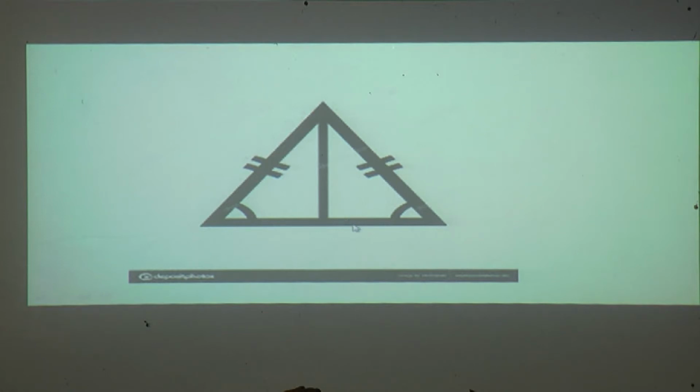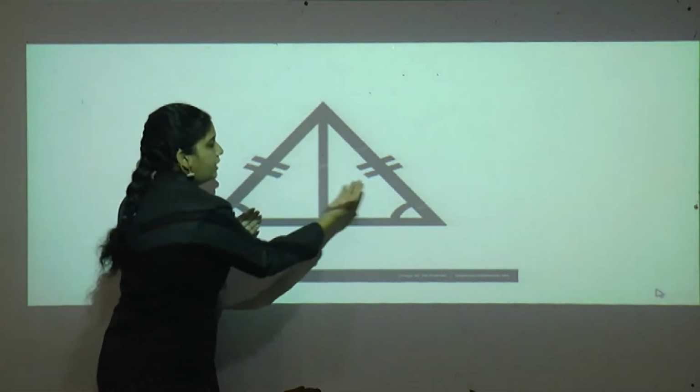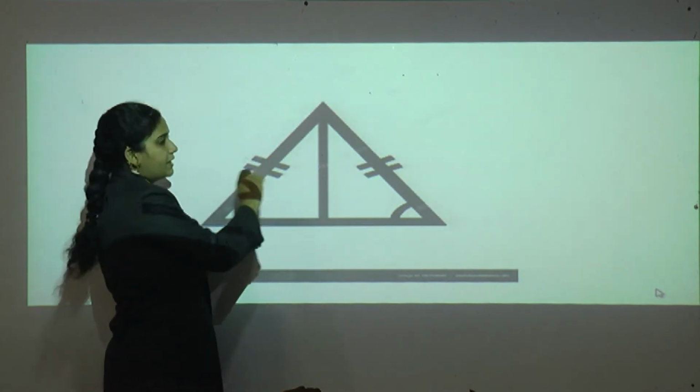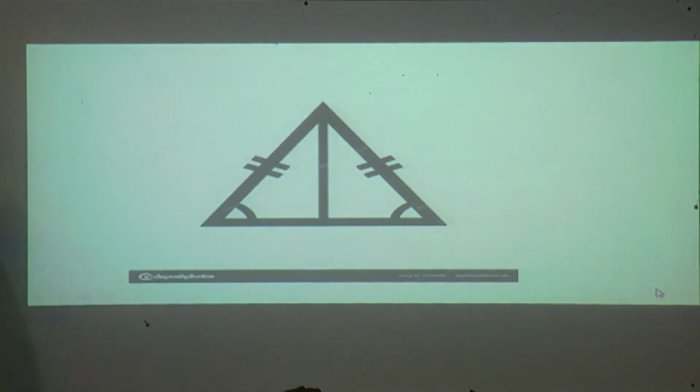This vertical line divides the triangle into two parts that match exactly when folded along the line. If you fold the triangle along the line like this, the triangle divides into equal parts.